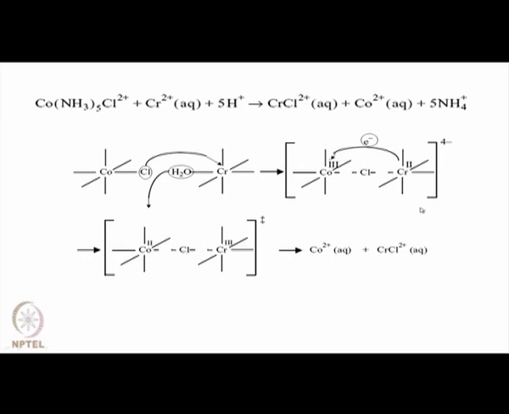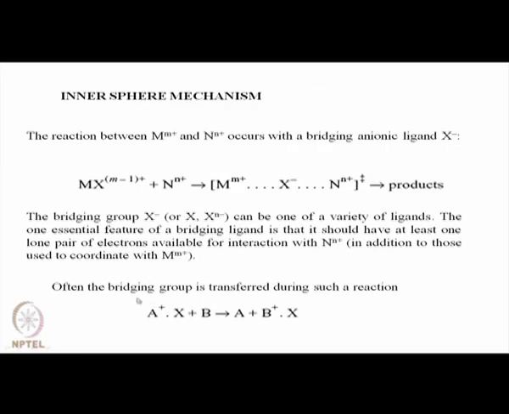After the transfer, initially it was cobalt 3 and chromium 2; now the electron is transferred, meaning chromium is getting oxidized and cobalt is reduced. So the redox reaction, the electron transfer, has occurred via this bridging chloride, and then ultimately the two will separate out. The ligand leaves cobalt. As I told you, often the bridging group is transferred during a reaction.